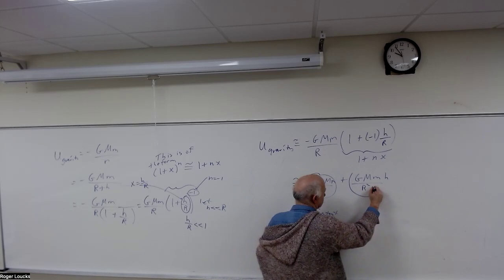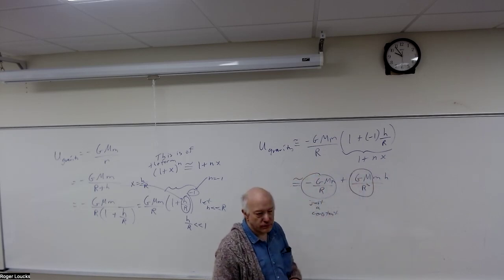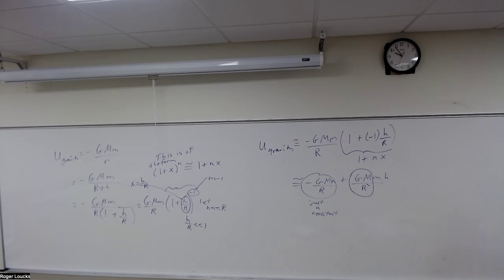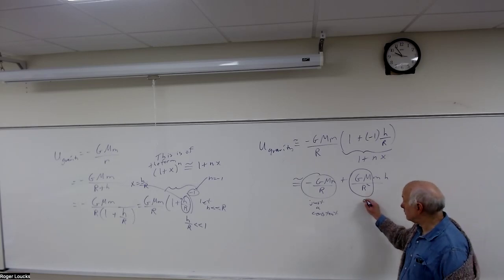Okay. That makes sense. Now this is just a constant. But what is this right here? We've seen that before. That is our friend. You calculated one of these on the homework. Gravitational force. Acceleration. Okay, so this is nothing but little g.